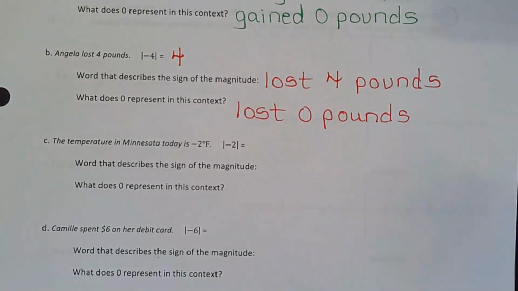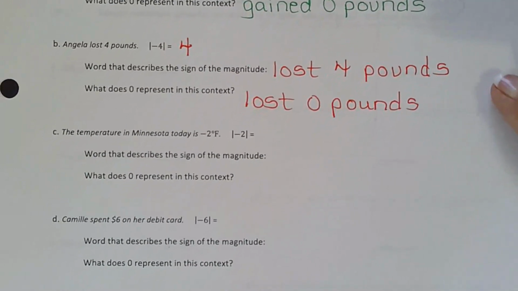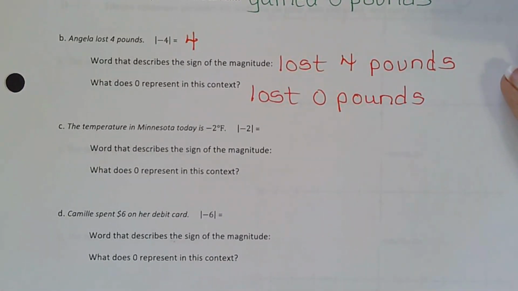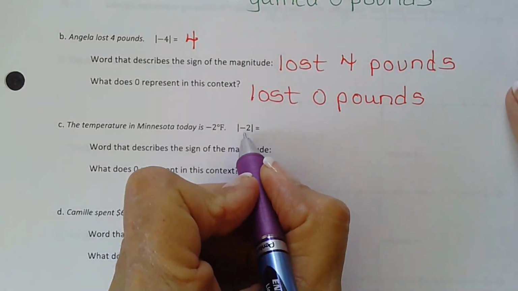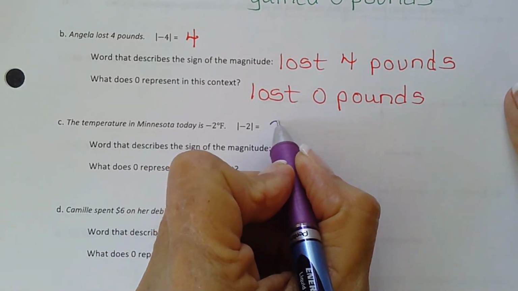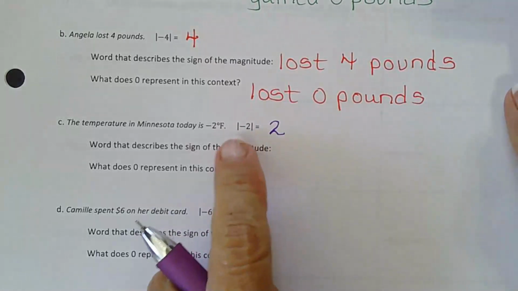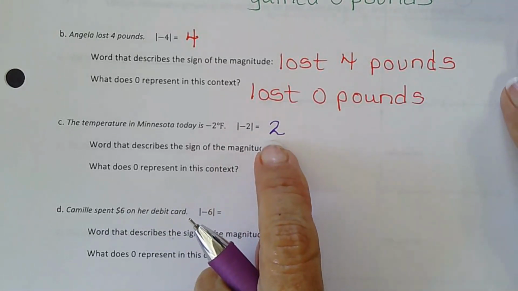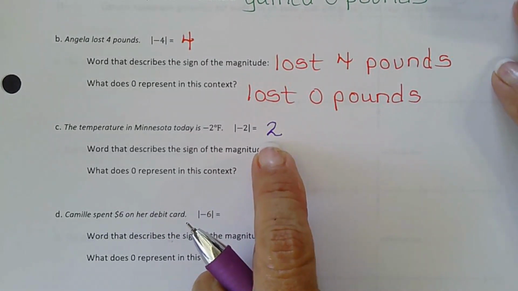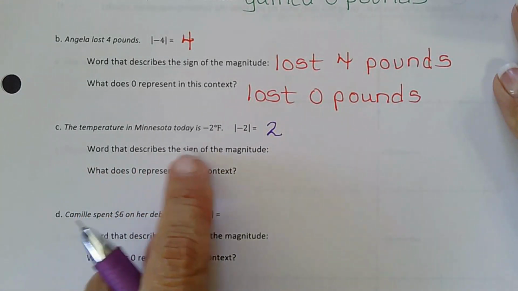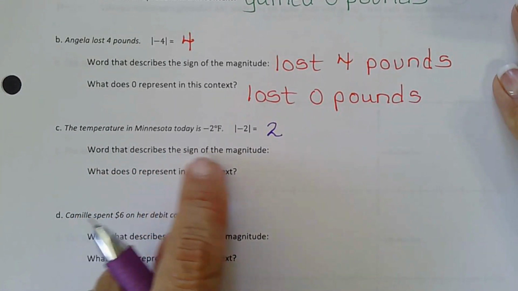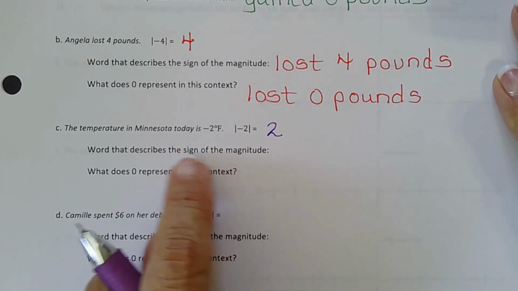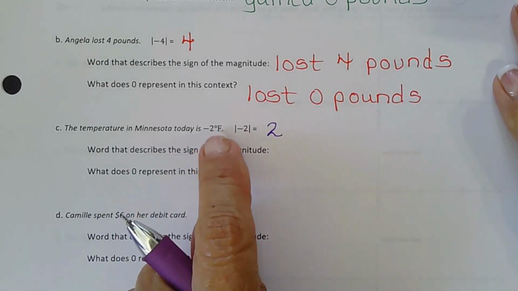No change. The temperature in Minnesota is -2 degrees Fahrenheit. So the absolute value of -2 is +2 because numbers come out of absolute value always as a positive. Now this is the one sometimes students struggle with. What word? Well, think about how we say it.